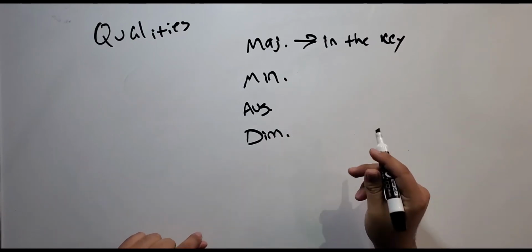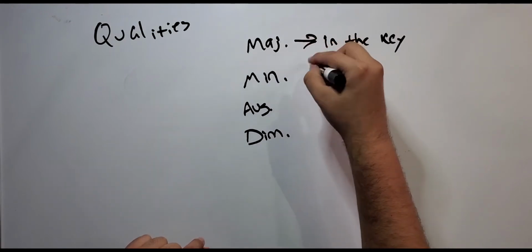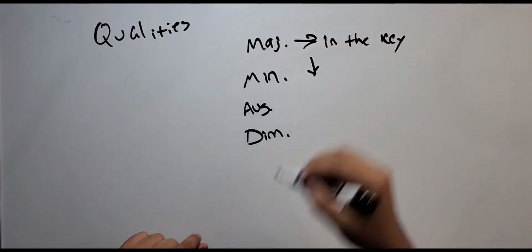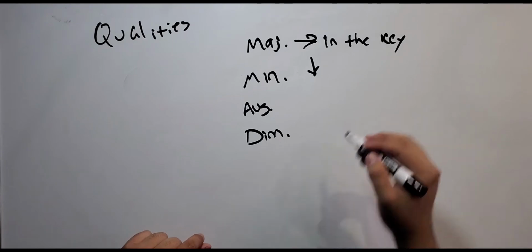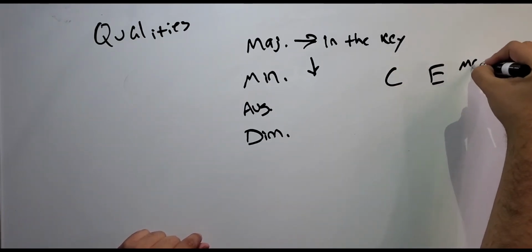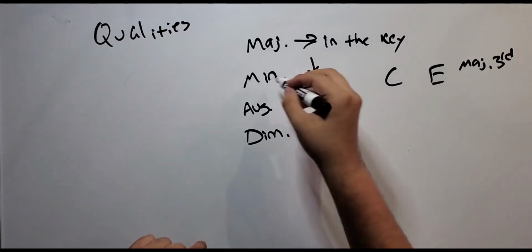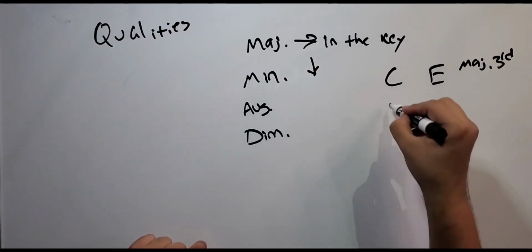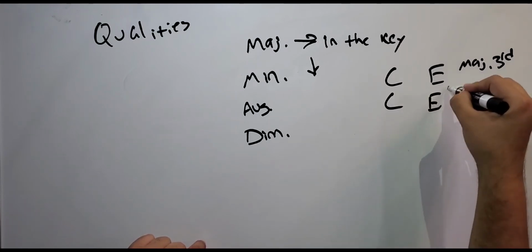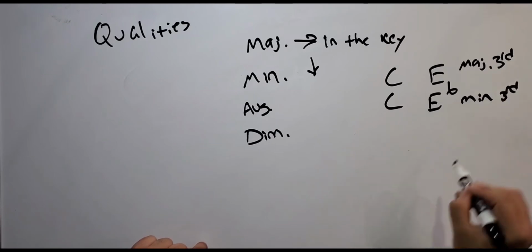A minor interval comes from the major interval, and then you lower it a half step. For example, C to E is a major third. Lower it one half step to become minor. C to E flat is now our minor third.